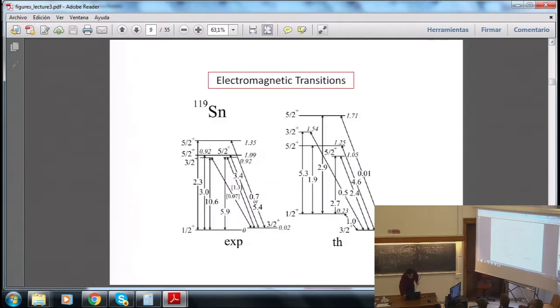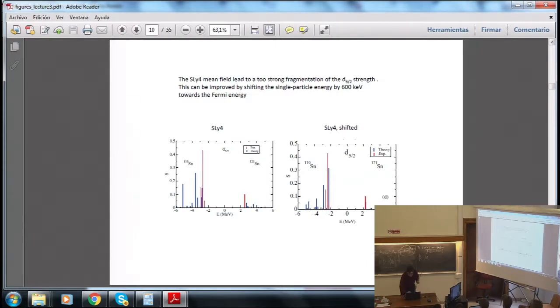Here, again, the same data, but in this case compared to experiment. And as you can see, in the experiment we are obtaining a fragmentation that, in the case of this special orbital, is observed experimentally.